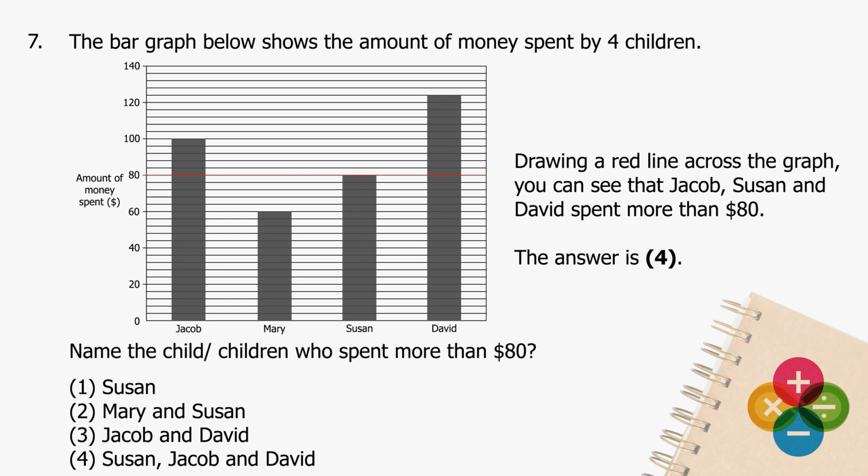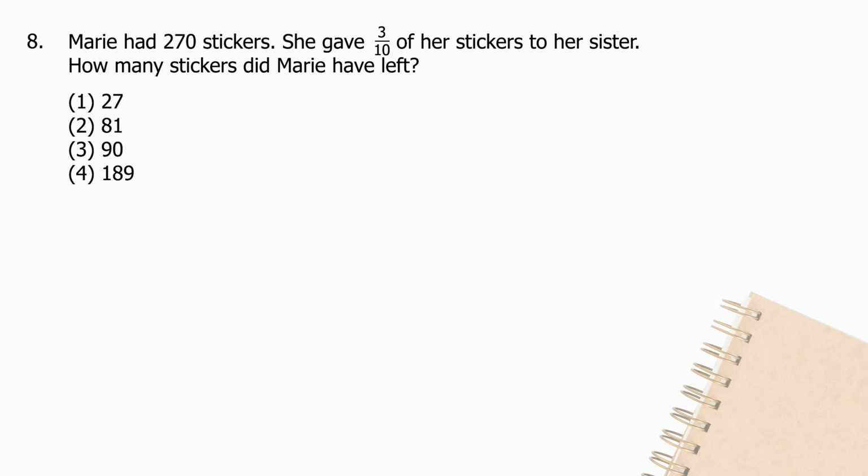Question 8. Marie had 270 stickers. She gave 3/10 of her stickers to her sister. How many stickers did Marie have left?